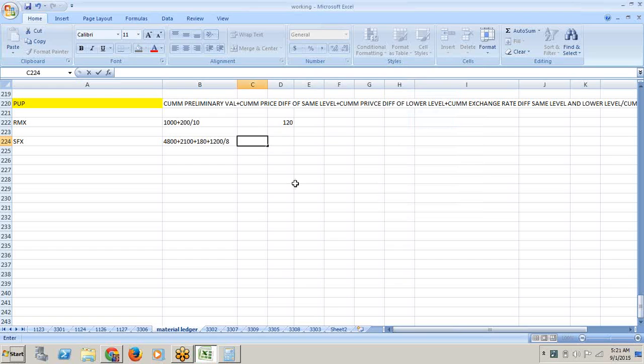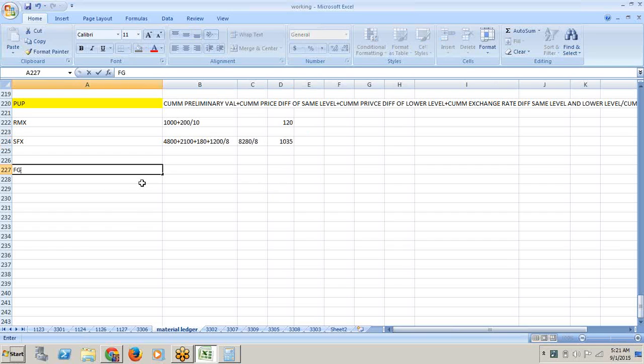Right? 8 to 80 divided by 8. 1035. This is the cost. This is the SFG PUP cost, periodic unit price. This is the actual original cost.